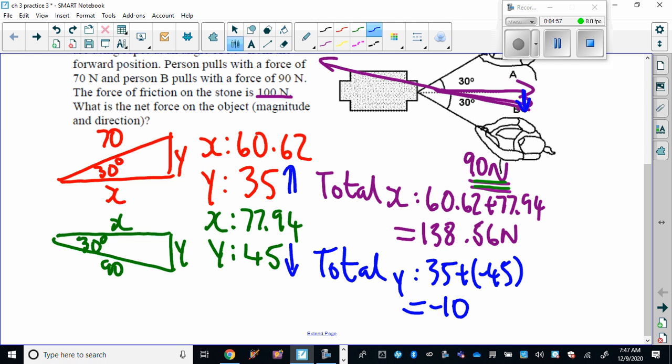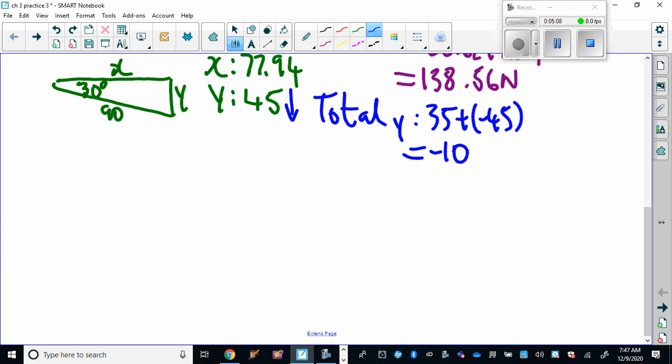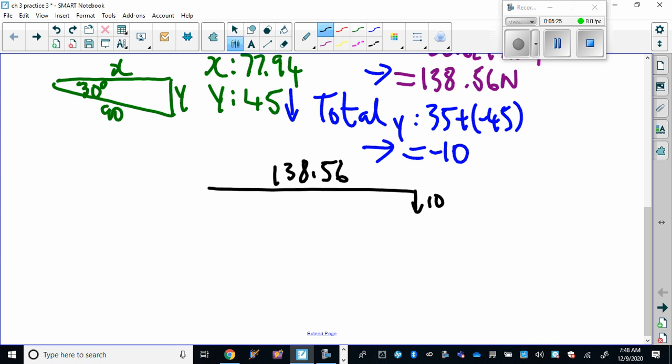Okay, now we've got the total X and total Y. We can make a new triangle, and that will give us the resultant vector of A and B, not taking into account the force of friction. So we'll make a new triangle with our horizontal and vertical values: 138.56 horizontally, and 10 this way.